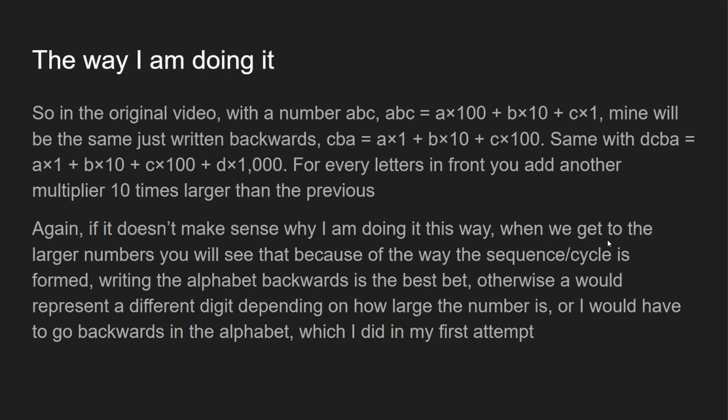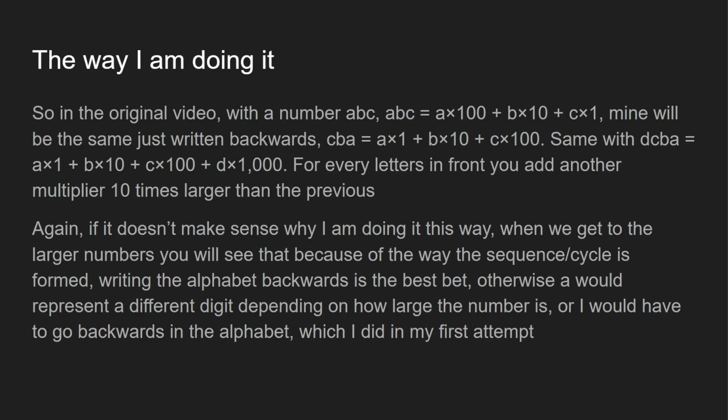And I think I can kind of explain that right here, right? A, B, C. That was the original video, where A times 100 plus B times 10 plus C times 1. But that's not what I'm doing. I'm doing it backwards for the sake of consistency, because otherwise, if I did it his original way, I would either have to change the value of A or B or C depending on how large the number is, or I would have to go backwards in the alphabet, which is actually what I originally did.